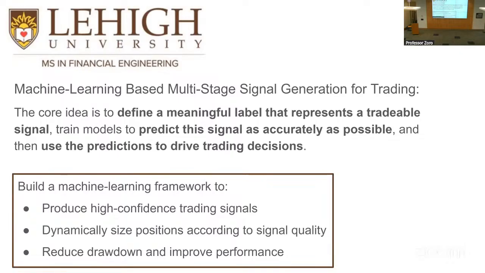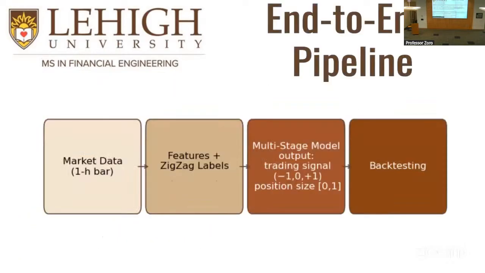Then we have the last model, which is our meta labeling, to confirm that indeed there is a probability of you getting something out of it when you trade it, and it also helps in sizing your position. So the machine learning model is going to produce a high confidence trading signal and dynamically help you to size your position and also improve your performance.